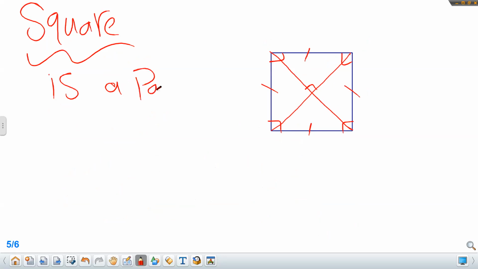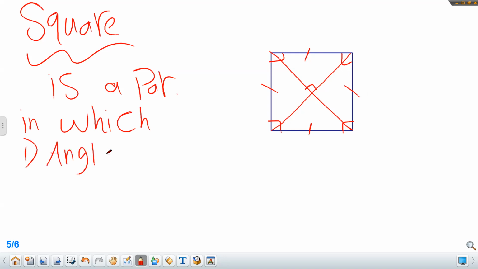But don't stop after that. You can say this is a parallelogram in which, what are the additional properties? In the square I have 5 additional properties. Number 1, all angles are right.